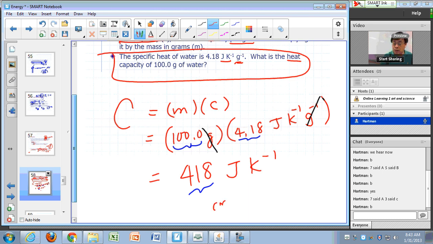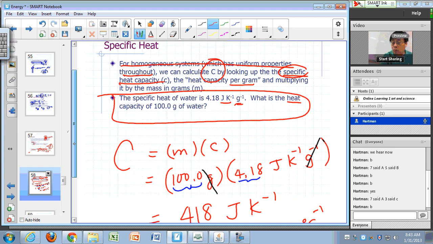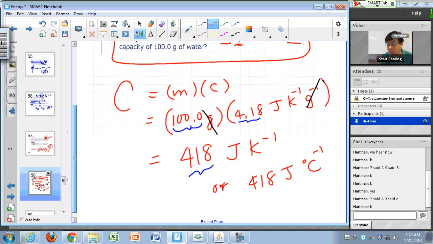Or you can also say this is 418 joules per degree Celsius. You don't worry about 273 here in the conversion between Celsius and Kelvin, because remember, in our definition of heat capacity, we're talking about temperature changes, not temperature readings. So 418 joules per Kelvin is the same thing as 418 joules per degree Celsius.